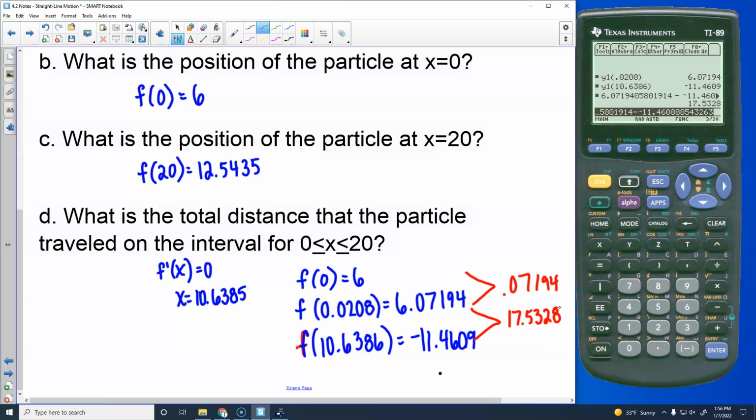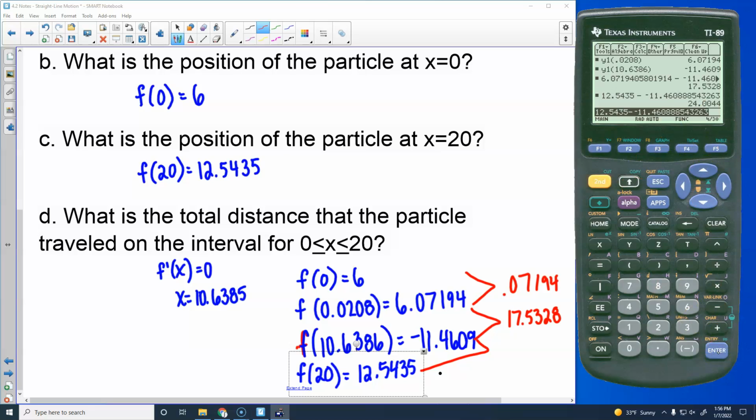And then we have already found f of 20 in part C. It was 12.5435. So this time we're going to the right. And if we subtract those numbers, 12.5435 minus that negative 11.4609, we're going to get 24.0044.